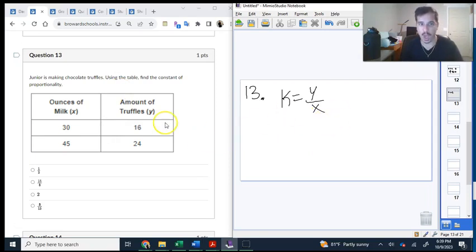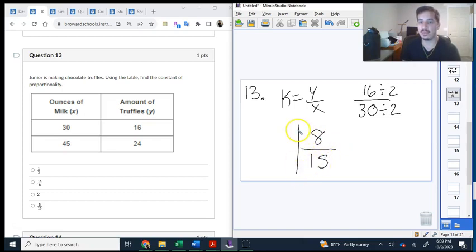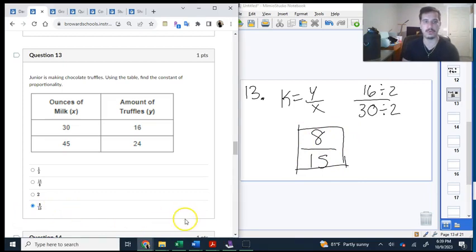So we have to take the Y, 16, and put it over the X, 30. How do I simplify this down? I divide them both by 2. That is the greatest common factor between 16 and 30. So when I do that, I get 8 over 15. That will be my answer.